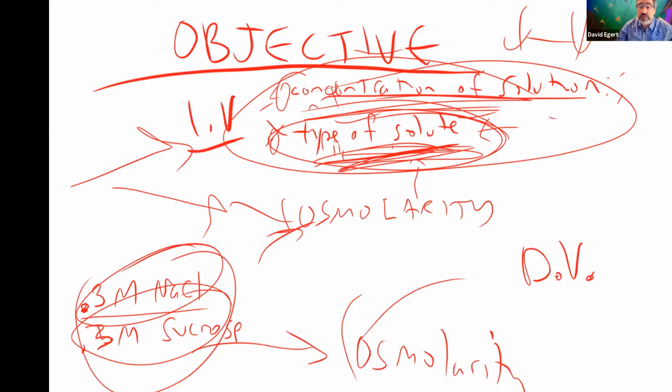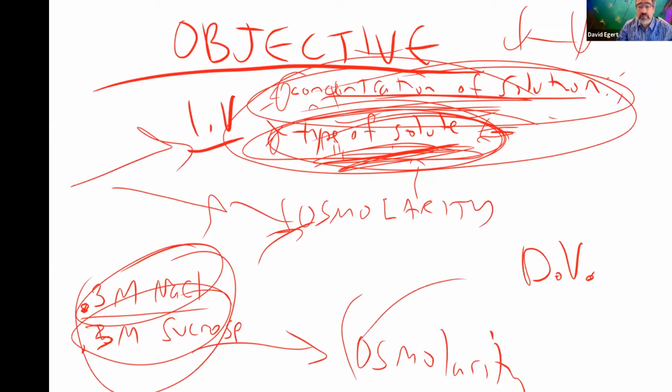And more specifically, did the cells burst? Do they hemolyze? Or you could say, what is the effect of the concentration of the solution and the type of solute on the behavior of the red blood cells in there, specifically, do they hemolyze? There's different ways you can say it.